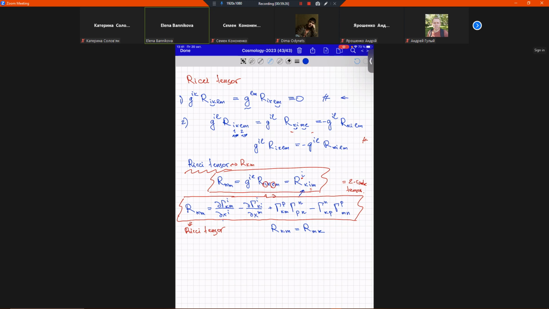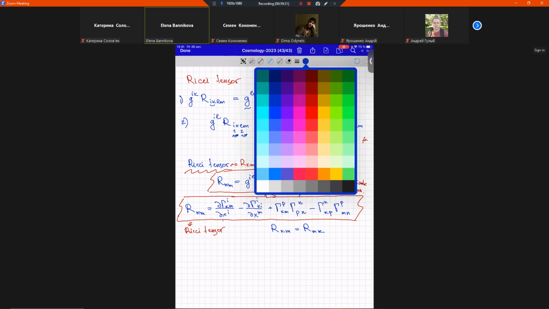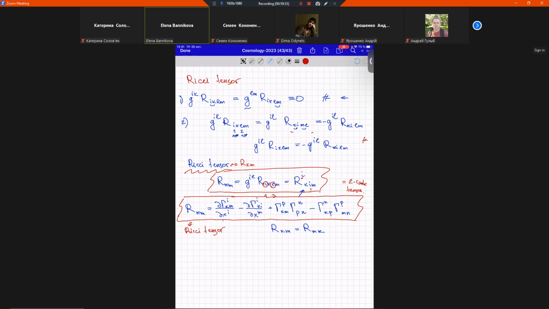And the last important object which we need to describe all this business with the curvature of space is the scalar curvature. Let's put it here, Ricci tensor here, scalar curvature. So what is a scalar curvature?